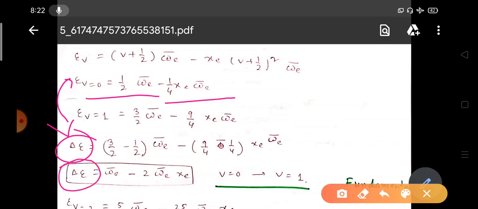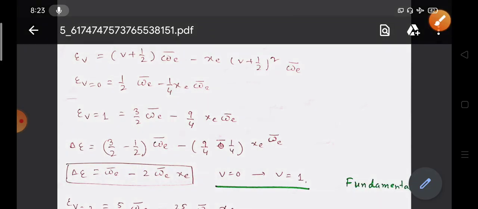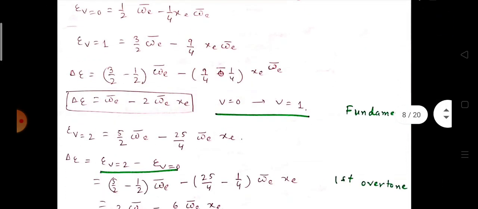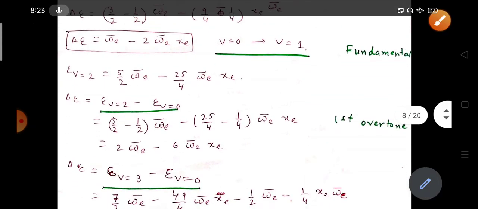So delta E will be omega e minus 2 omega e xe. Here, 9 by 4 omega e xe minus 1 by 4 xe omega e gives you 2 omega e xe, and 3 by 2 omega e minus half omega e gives you the omega e value. So we get the fundamental band as omega e minus 2 omega e xe.